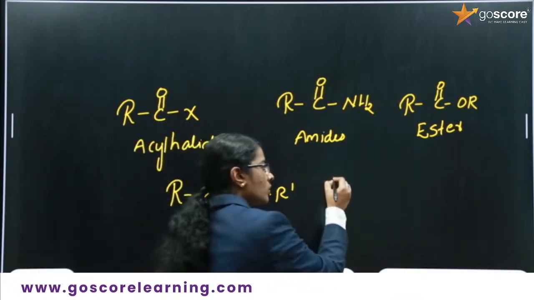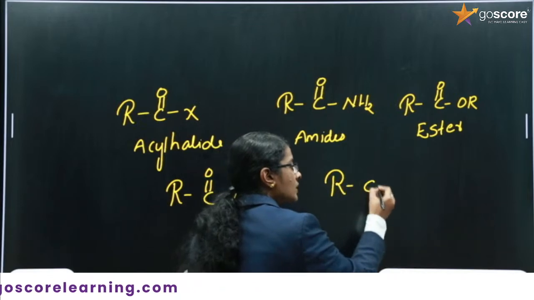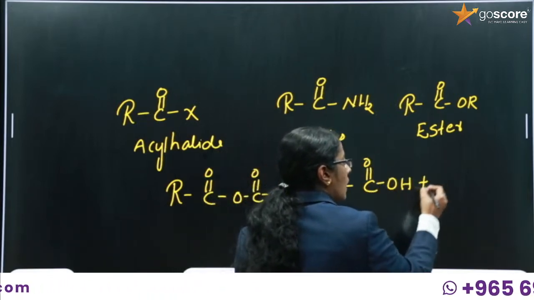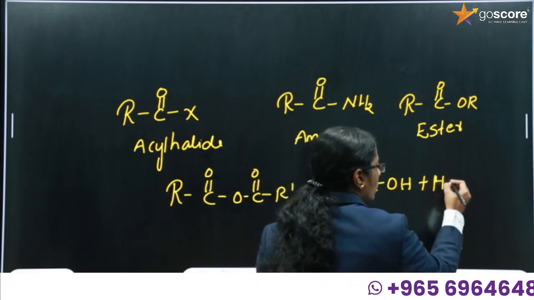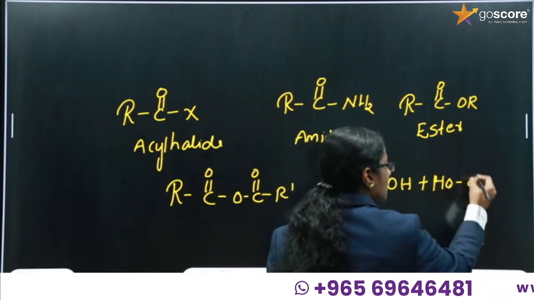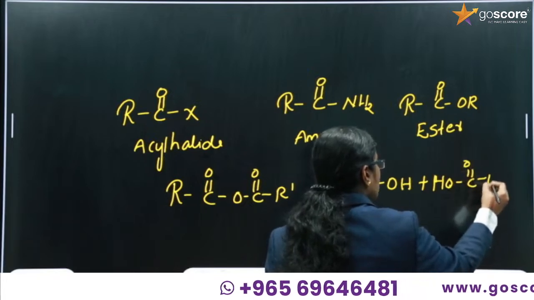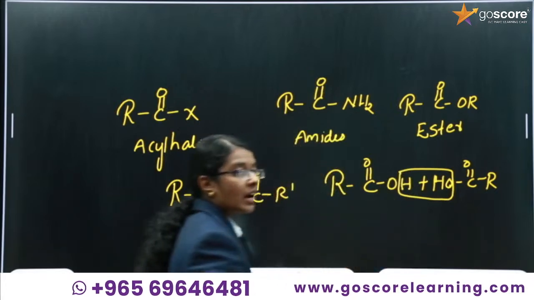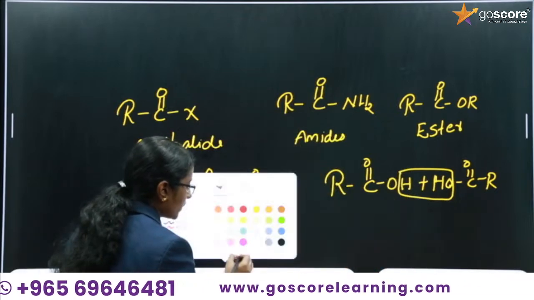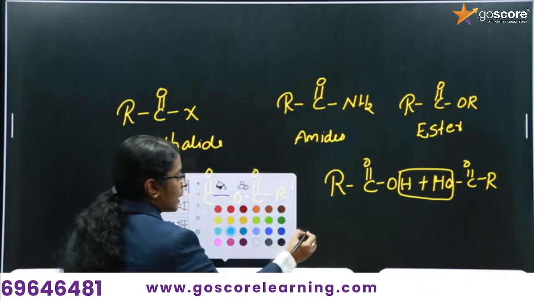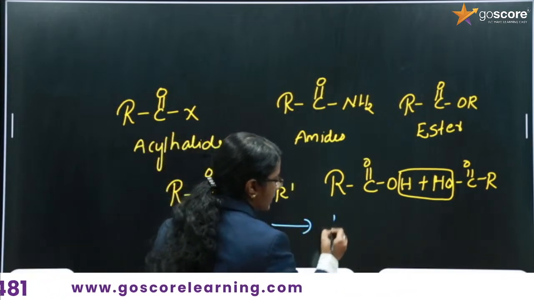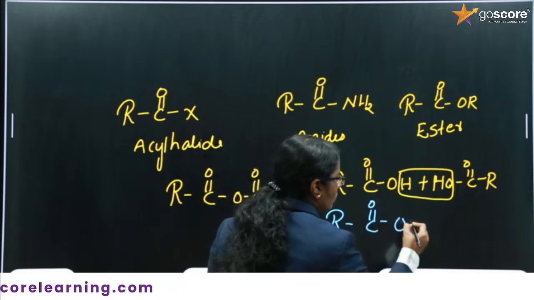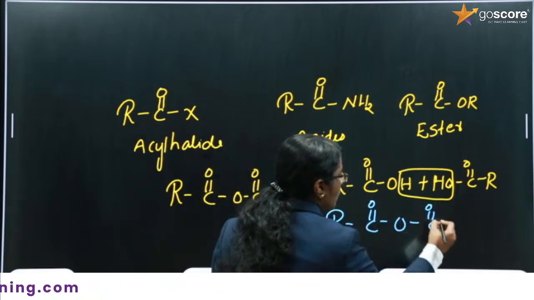Just take 2 molecules of acid, RC double bond O OH plus RC double bond O OH, and remove the water molecule from the compound. You will get acid anhydride, that is RC double bond O, O, C double bond O R.